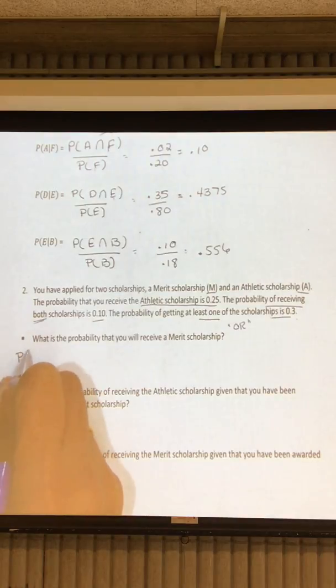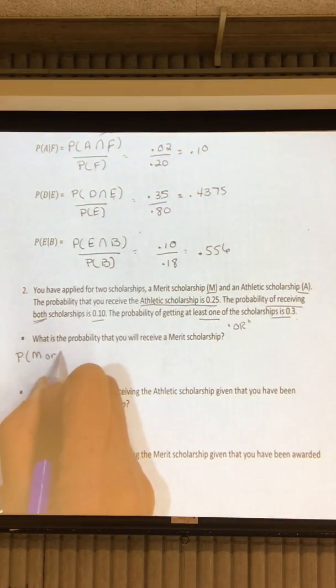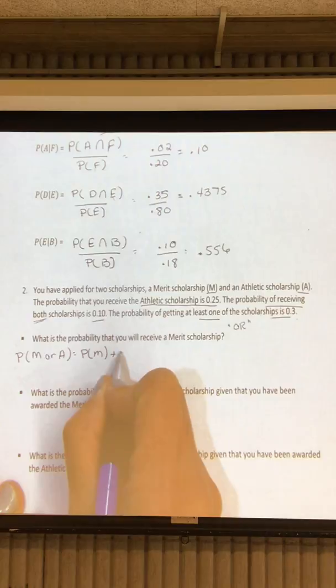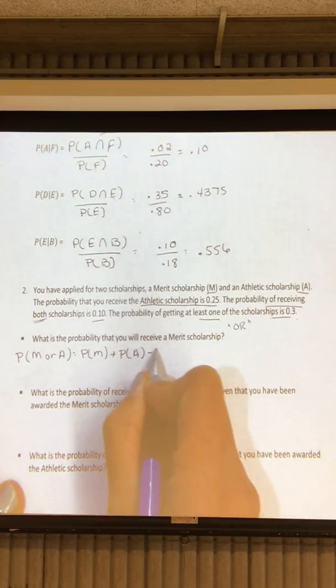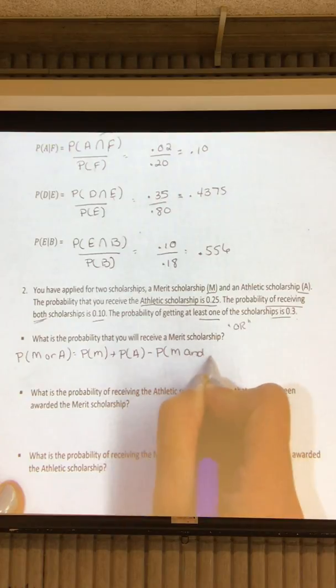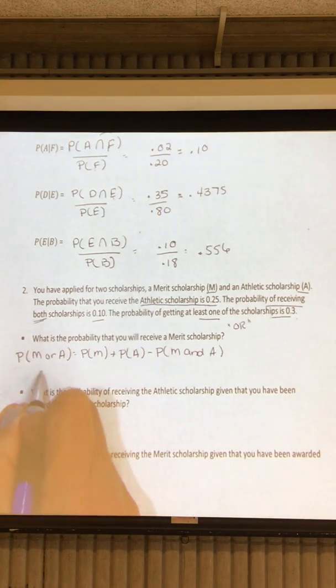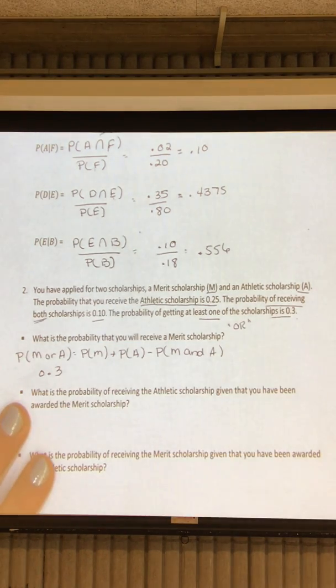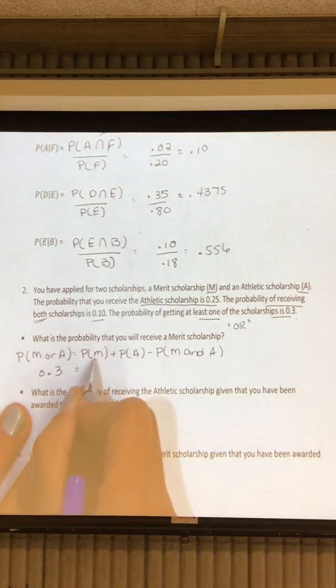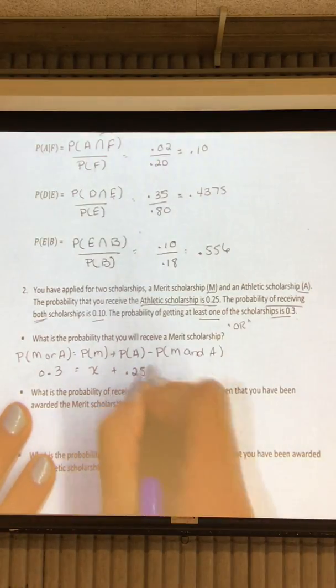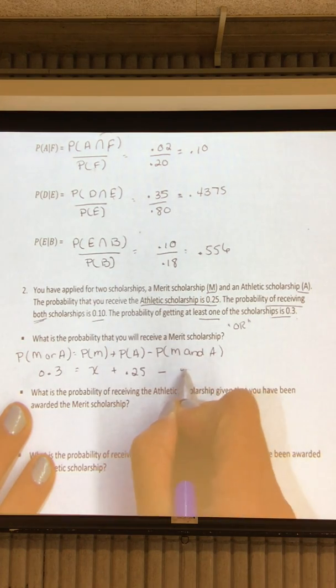So here you have your formula: M or A is equal to the probability of M plus the probability of A minus the probability of both, M and A. So plugging in our numbers, 0.3 is the A or M, which is equal to the probability of M, which we found to be our unknown, plus the probability of A, which was 0.25, and minus the both, which is 0.10.